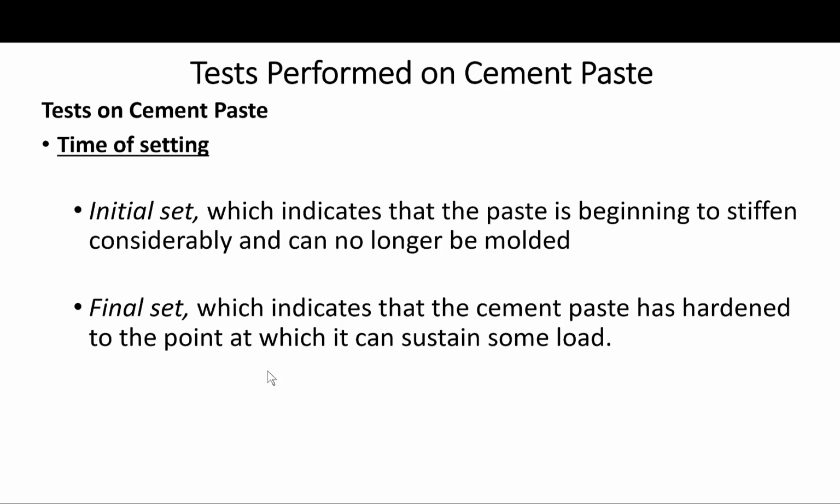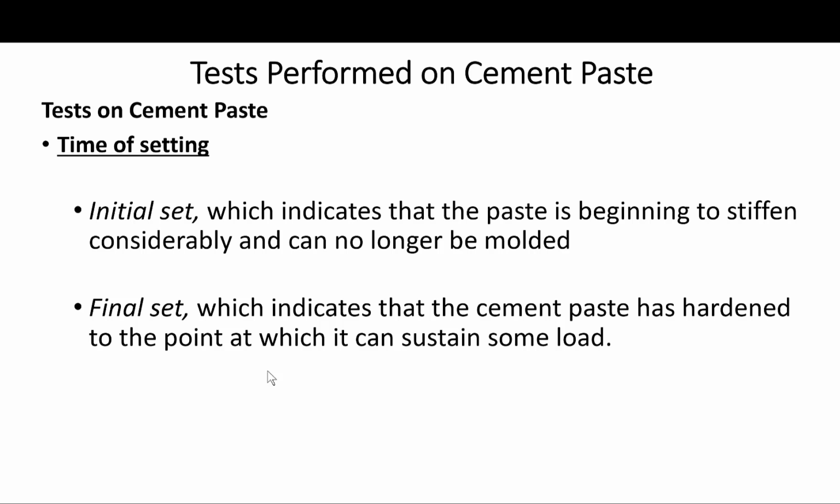The initial set, which indicates that the paste is beginning to stiffen considerably and can no longer be molded. Remember this definition. The final set indicates that the cement paste has hardened to a point at which it can sustain some load. So these are the definition.